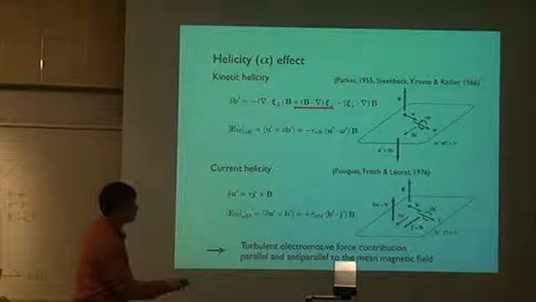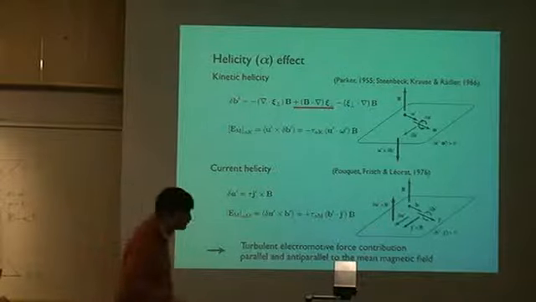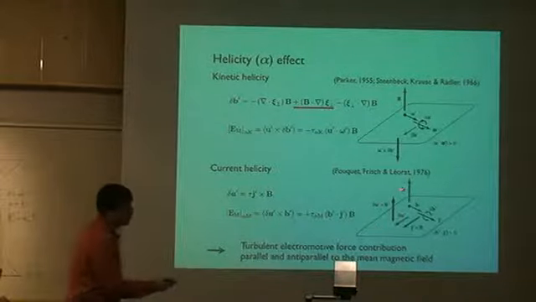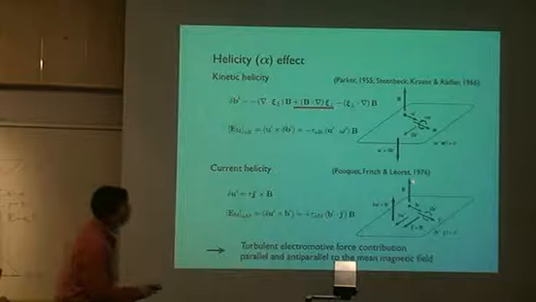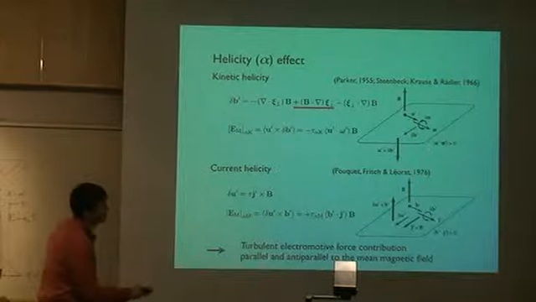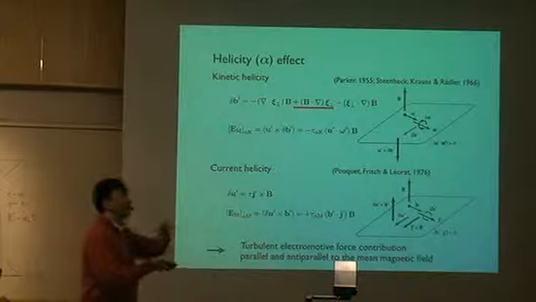Then we have a contribution from delta u' cross B' in this direction. So this shows that if we have positive current helicity in the turbulent field, coupled with the large-scale magnetic field, then we have a contribution to the electromotive force parallel to B. So this effect and this effect will counteract.